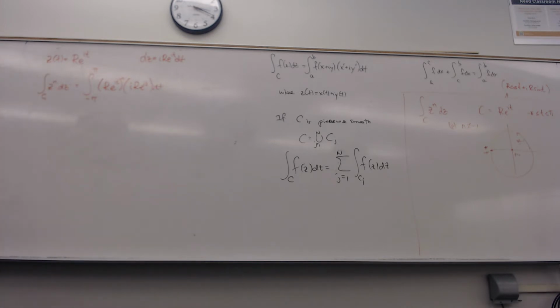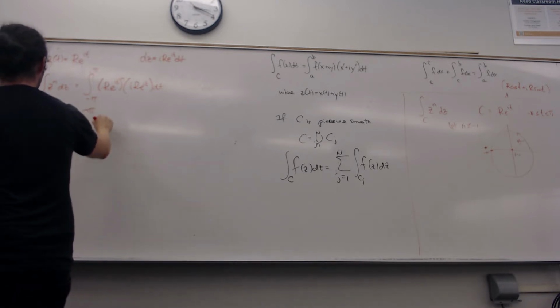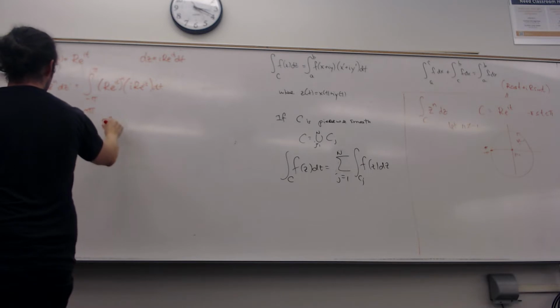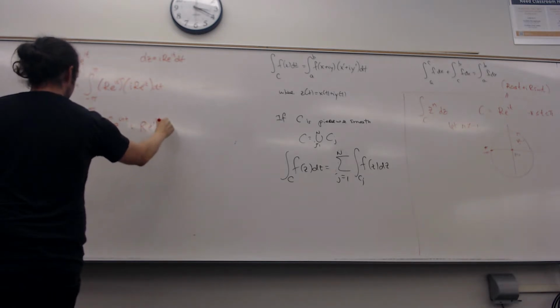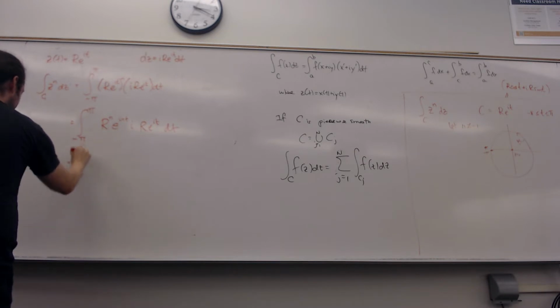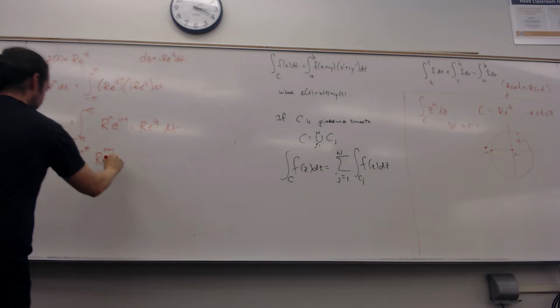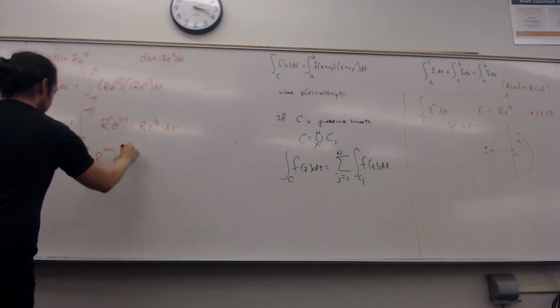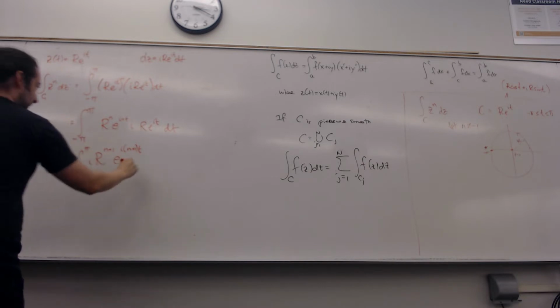So I'm going to collect everything together. This is a dt integral. The integral from minus pi to pi of, let's see, so there's an r to the n, and then an e to the int, and an i, and an r, and another e to the it. So collecting everything together, I get r to the n plus 1, e to the i n plus 1 t, an i that I'll pull out here, and there's a dt.